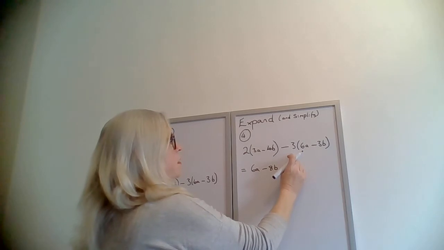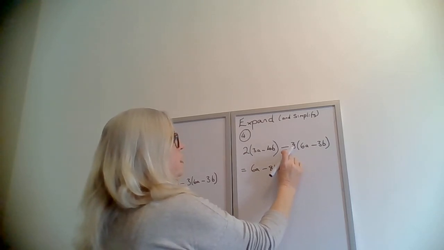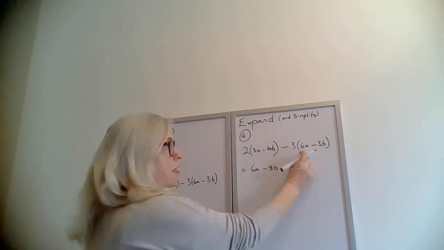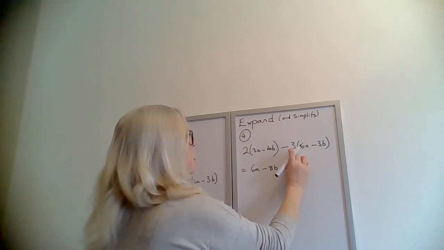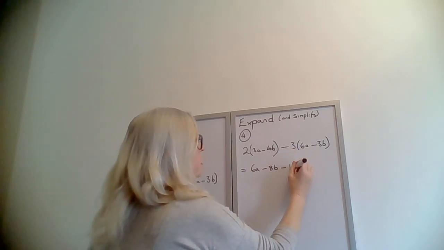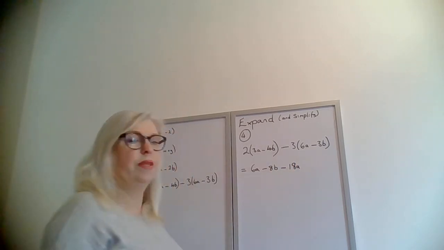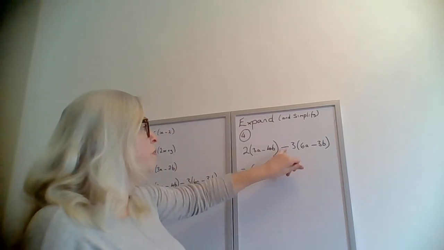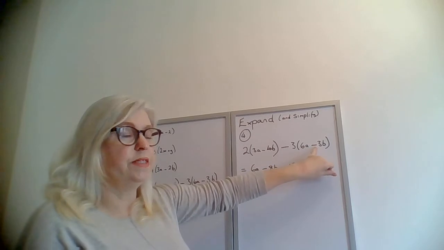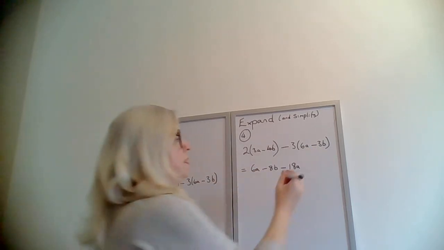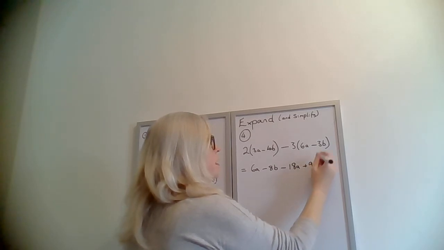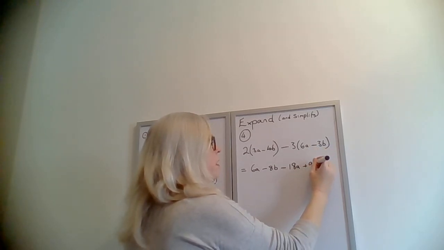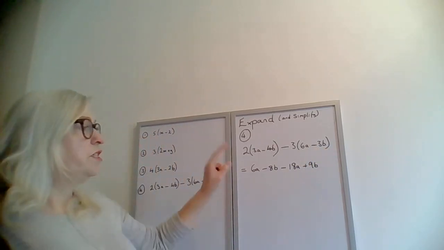Now here we've got minus 3 times plus 6a. So we keep the minus sign. 3 times 6 is 18, and then it's a. Now this is where we have to watch because we've now got minus times minus. So that will give us a plus. And then we've got 3 times 3 is 9 times the b. So that's it. We've expanded the brackets.